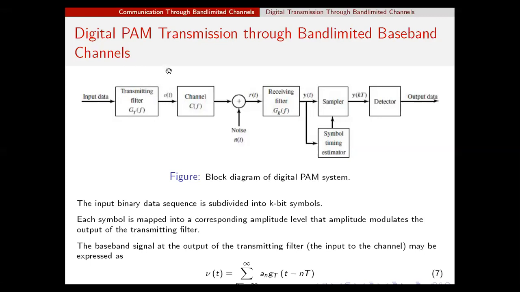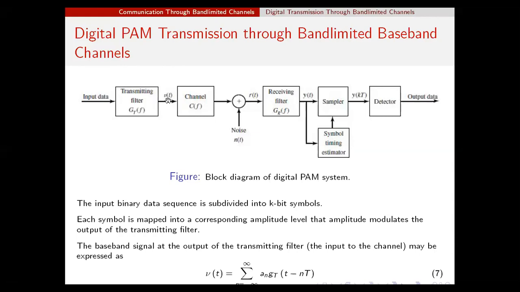That is what it is doing. And the source is generating symbols every capital T seconds. So every T seconds, one symbol would get generated. Therefore you have a sequence of symbols. As a result, you have a sequence of pulses.